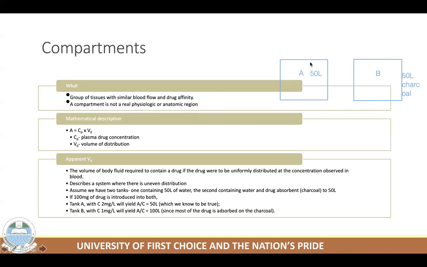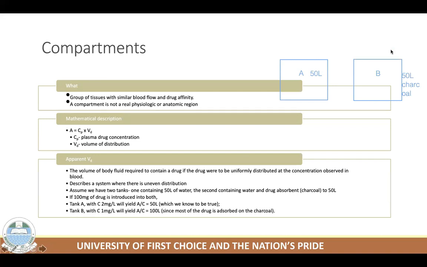After 5 minutes, we withdraw a 5 ml sample from tank A and a 5 ml sample from tank B. And then we calculate the concentration in that 5 ml sample. Let's assume that for tank A, we get 2 milligrams per liter, giving us a volume of distribution of 50 liters. That's the dose, which is 100, divided by the concentration we determined from the sample, which gives us 50 liters, right?